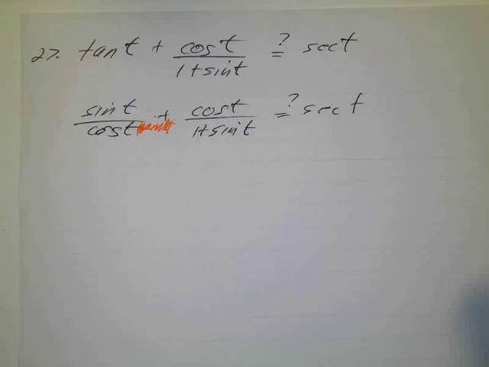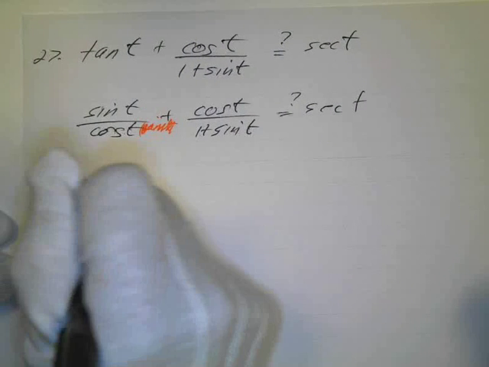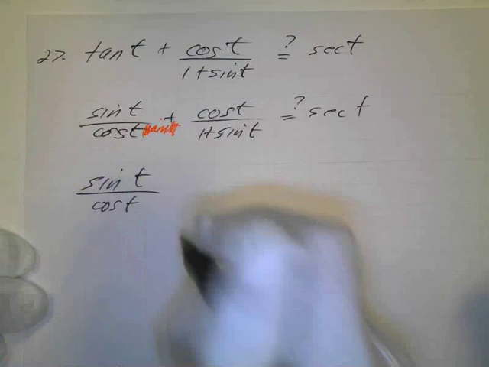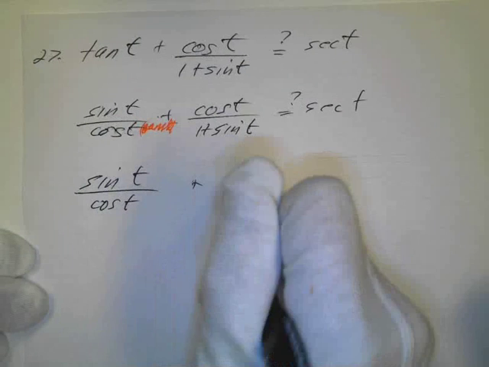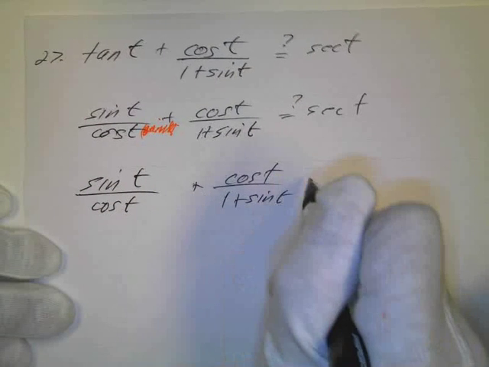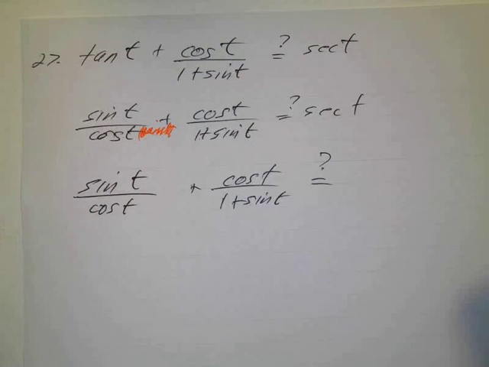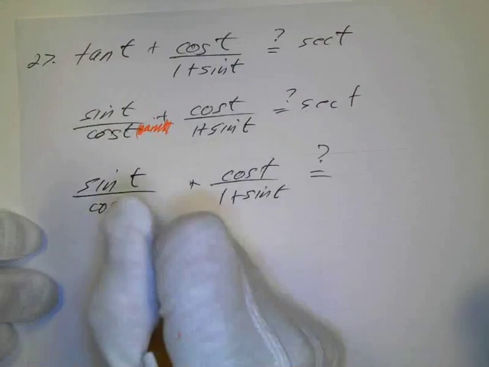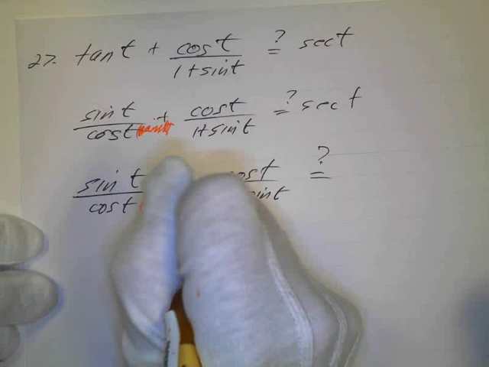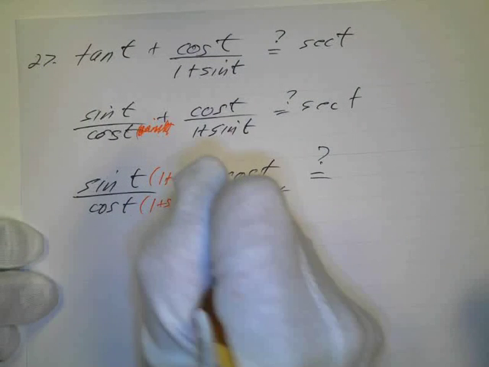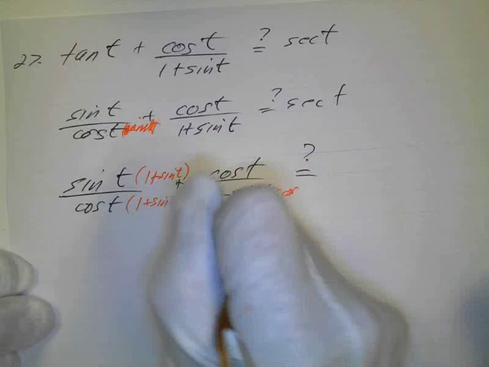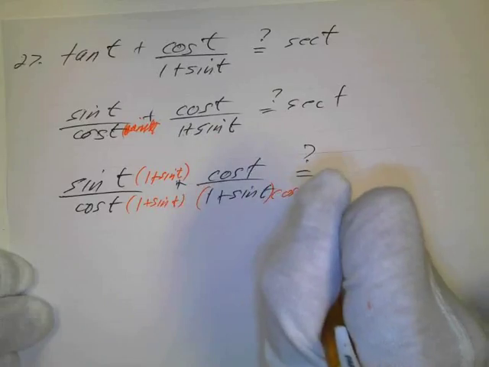Let me rewrite this because that's kind of messy. So we'll write this as sine of t all over the cosine of t plus cosine of t all over 1 plus the sine of t equals, and what we'll do now is multiply this by 1 plus the sine of t, and then multiply this by the cosine of t.